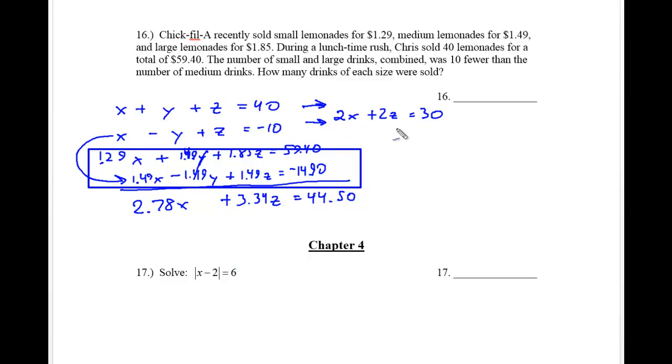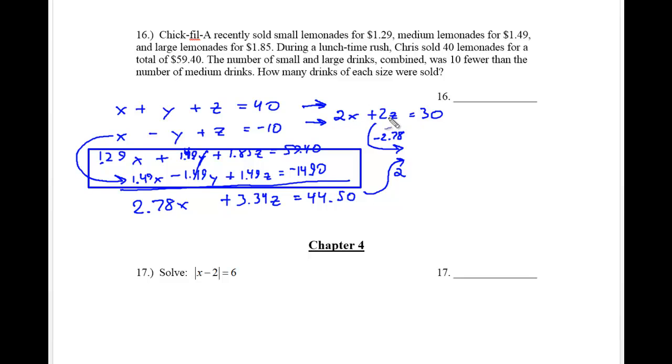So what I'm going to do is put these two together. Since I don't want to spend a lot of mental energy, I'm going to eliminate my x's. I'm going to multiply this first line by negative $2.78. Let me explain why. If I multiply the bottom line by 2, then I'm going to have opposite values of x that will simplify to 0, leaving me with what my z is going to be.